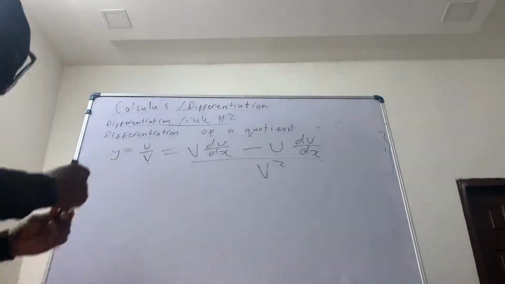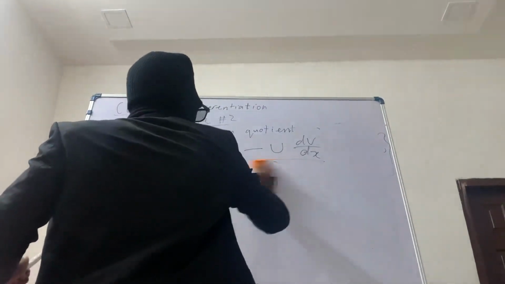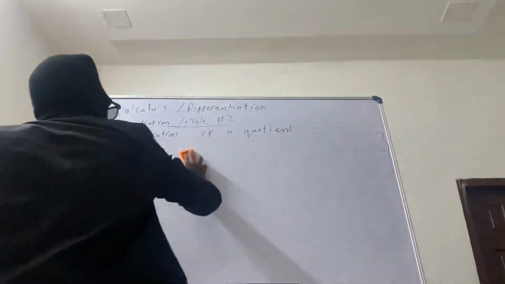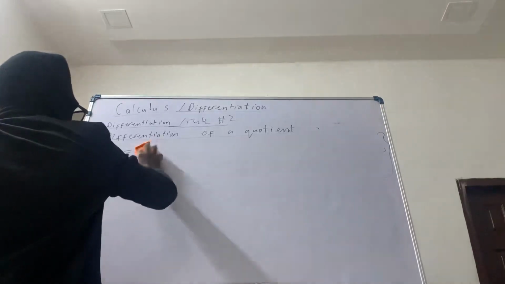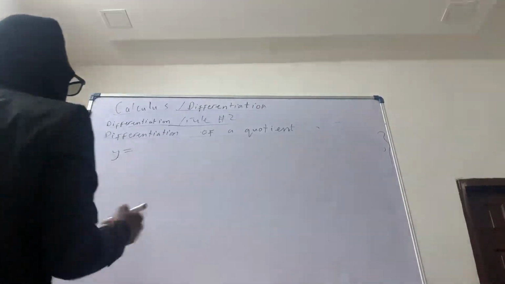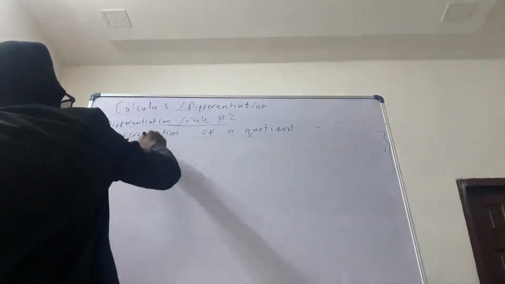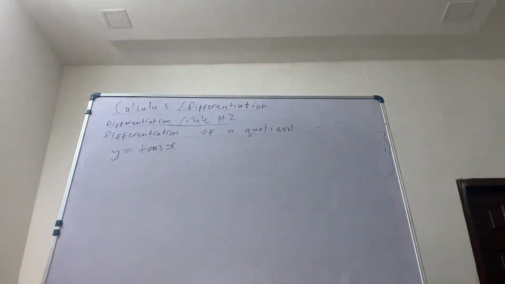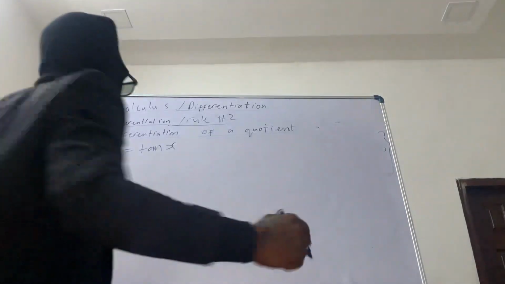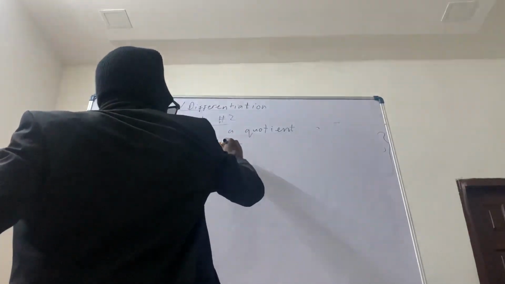Okay, supposedly they tell us to differentiate tan x. How? We know that tan x is equal to sin x over cos x.